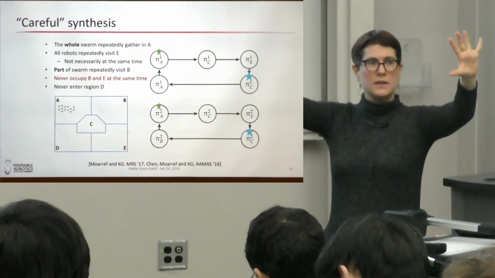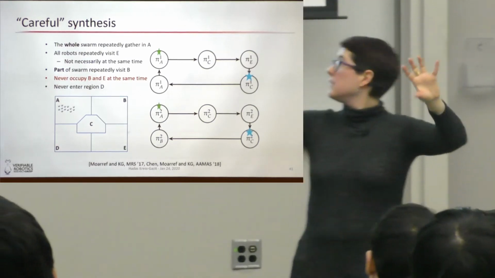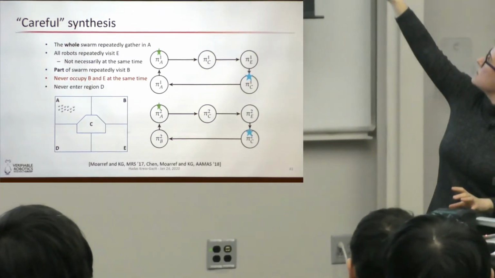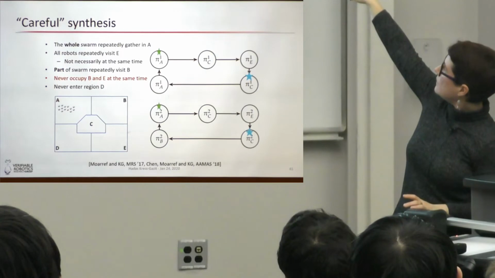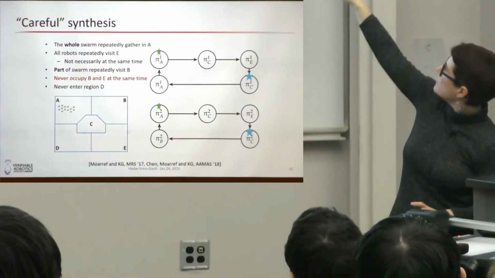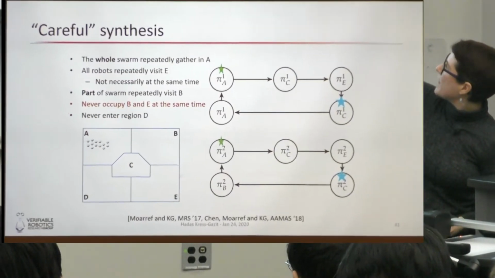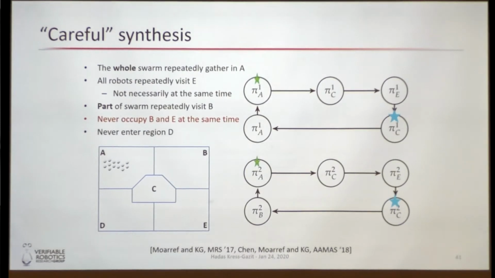But what you'll see here is that even this is not quite enough, right? Because now if I have two subswarms, and each one of them is doing their own thing, one is going from A to C to E to C and back to A, and the other one is going from A to C to E to C to B and back to A. Depending on how fast the relative swarms are, and I'm not assuming anything about them being homogeneous, same velocities, square environment, I'm not making any of these assumptions, there is a timing between them that could cause them to still fail, right?